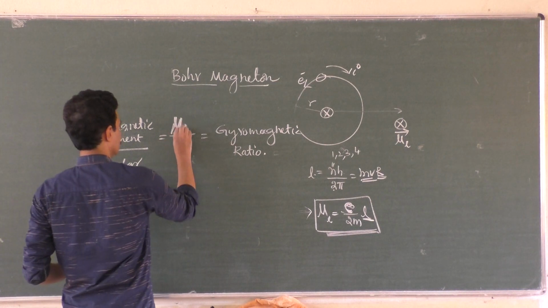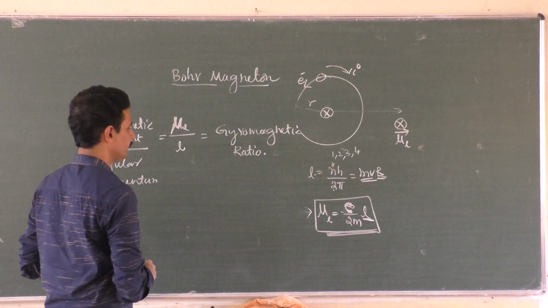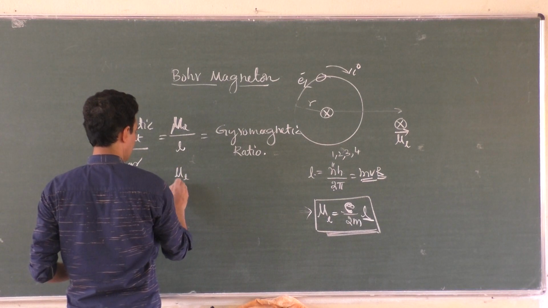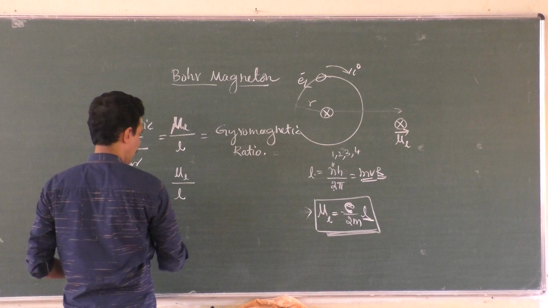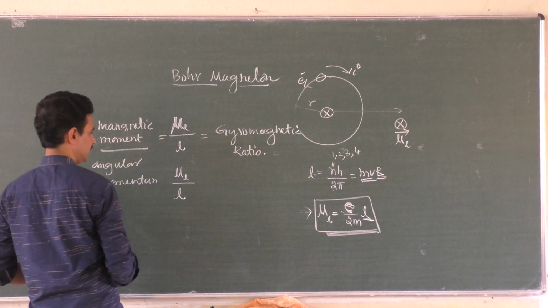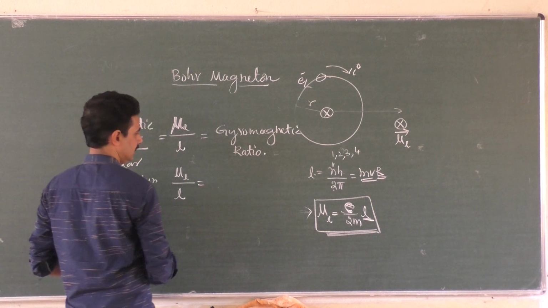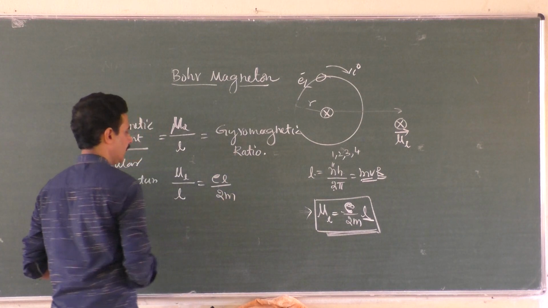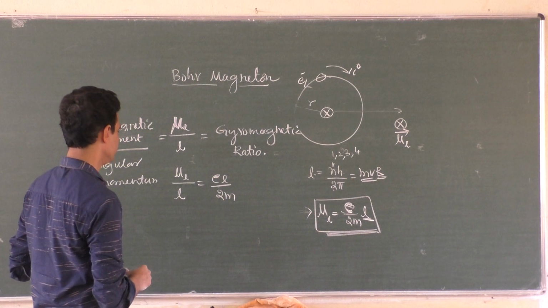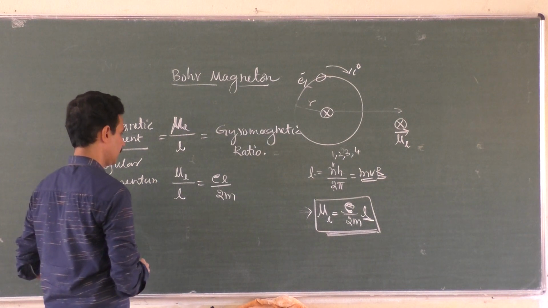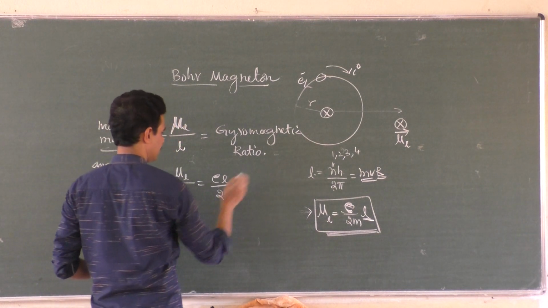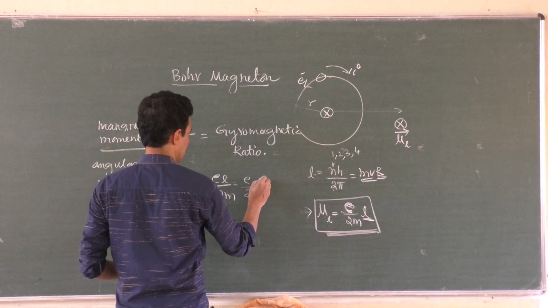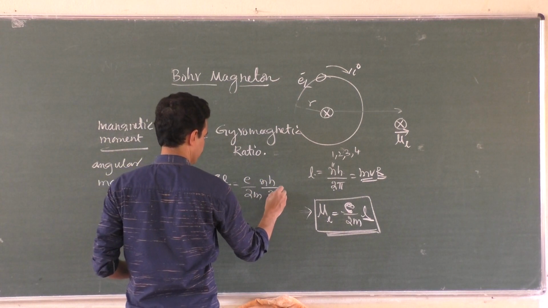Remember, this is mu. If you want to find out its value, mu of electron due to orbital motion by orbital angular momentum is equal to eL by 2m. And what is its value? If you want to write the value, L is equal to nh by 2 pi. I can substitute, e by 2m into nh by 2 pi.